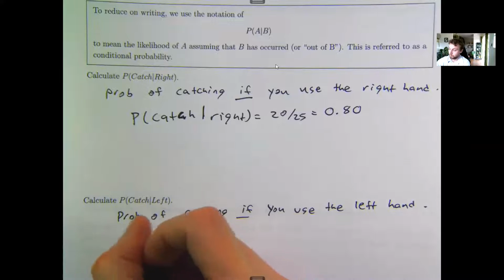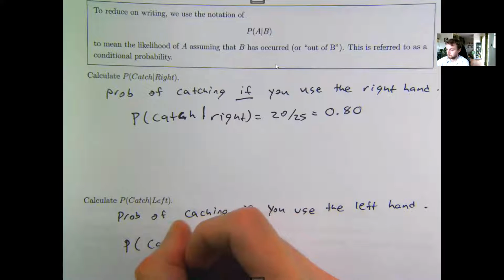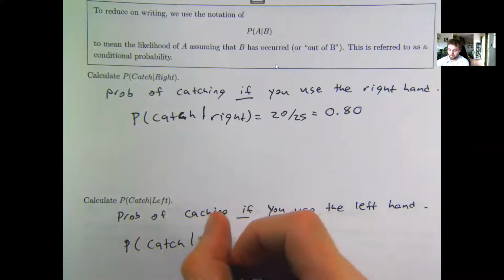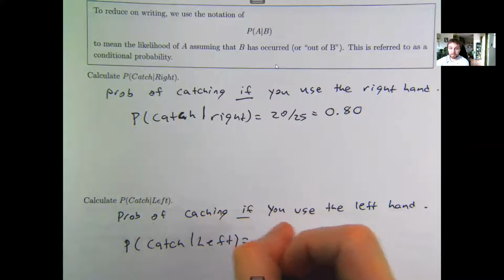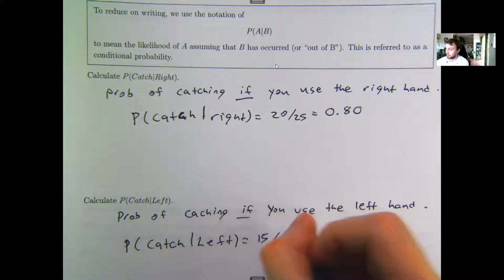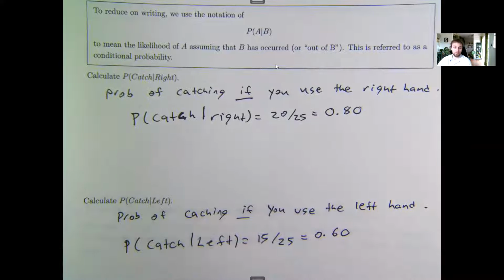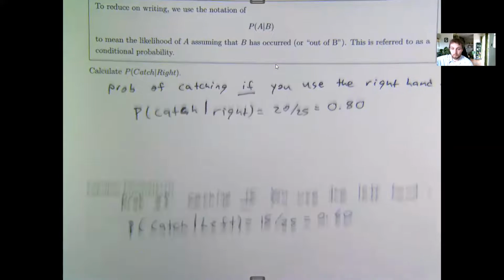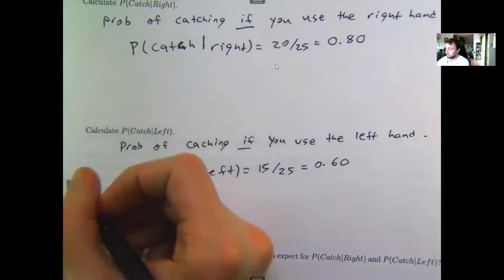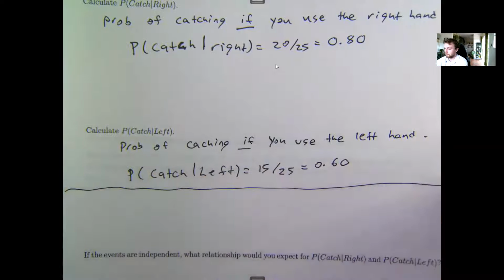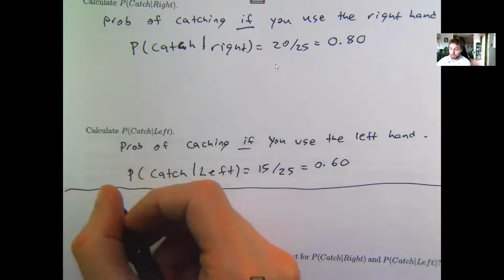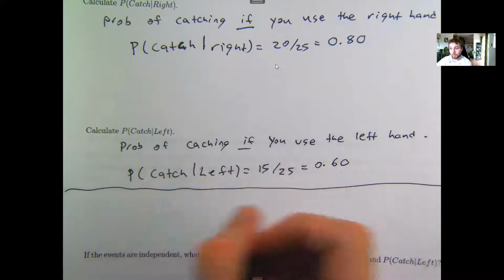And for that group, we saw that we had a success rate of 15 out of 25, or 60%. Here's some other vocab pieces related to this, just name-wise, so we can get used to it.